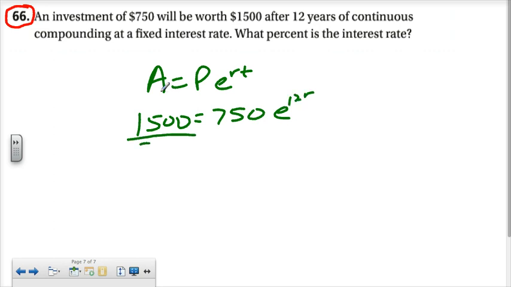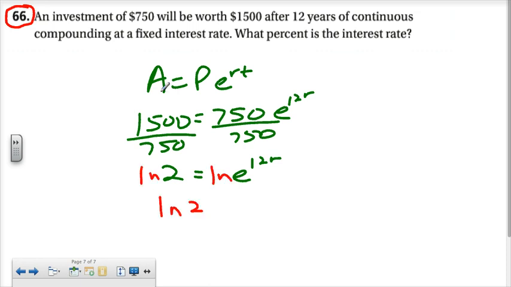So we need to divide both sides by 750, and we'll get 2 equals e to the 12r. And then we need to take the natural logarithm of both sides of this. So the natural log of 2 equals, these are inverses, 12r, divide both sides by 12. And r is 0.057.